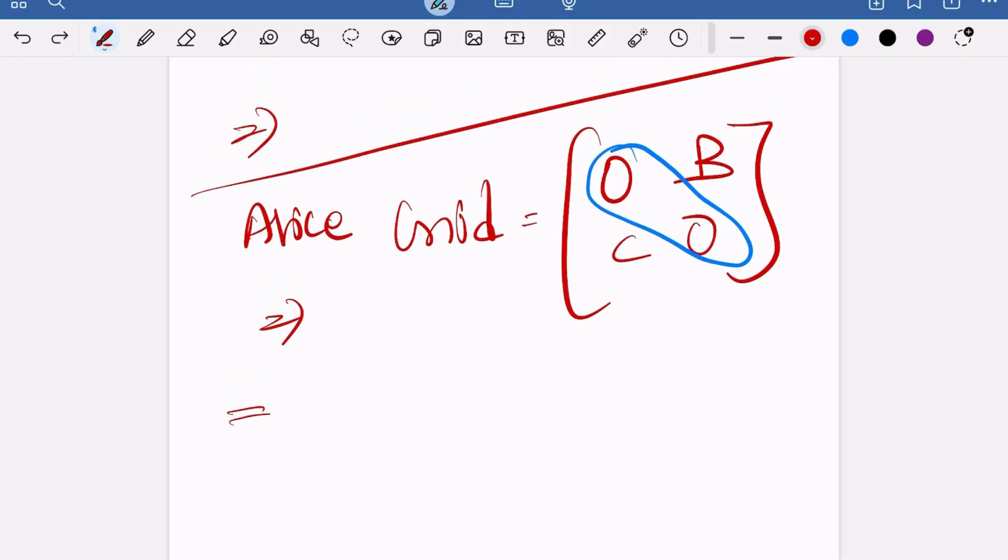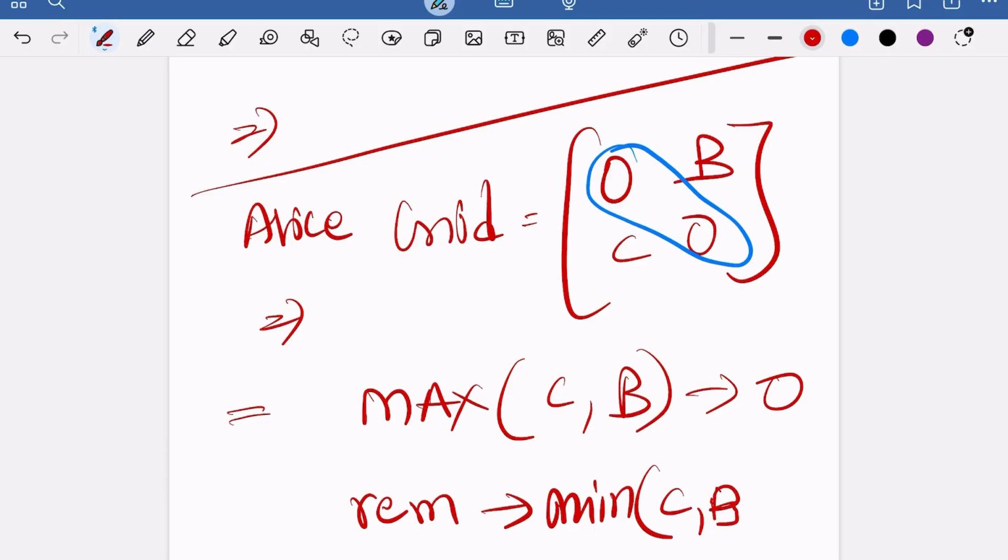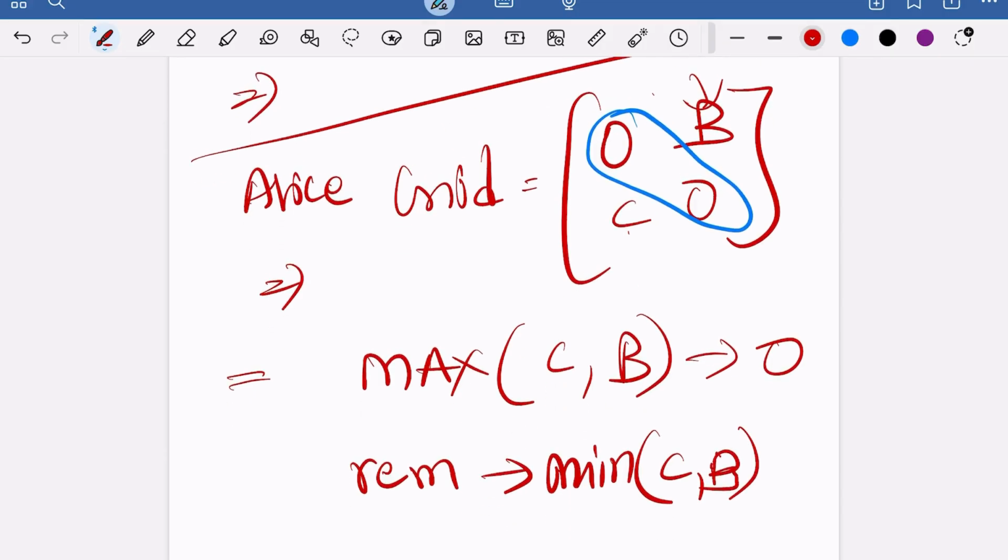That is, Bob will choose whichever is the maximum of C comma B, and all those stones will become 0, and the remaining will be the minimum of C comma B, because once he goes there he cannot reach the other cell. This is a really important observation.